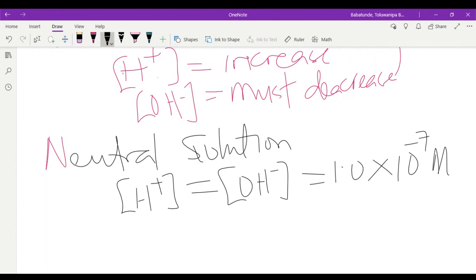Acidic solutions have a larger hydrogen ion concentration than hydroxide ion concentration.